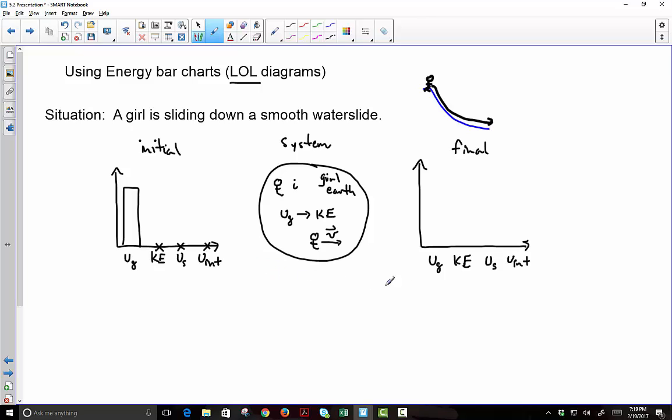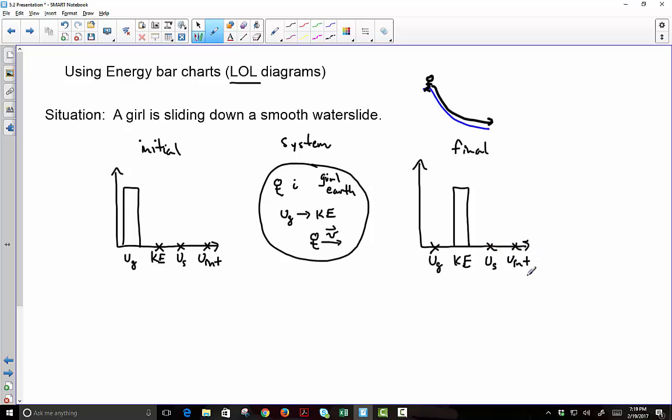And then she slides down and all of that gets transformed over to kinetic energy. So at the end, she has this kinetic energy. And just qualitatively, these are the same size. We're going to assume all of her gravitational potential was converted into kinetic. So we don't have any more gravitational. We never had it, and here you go.